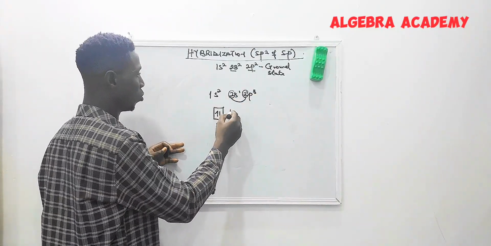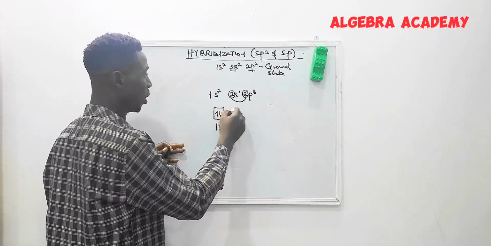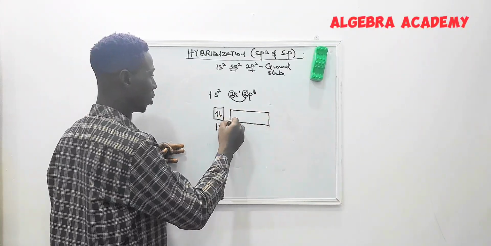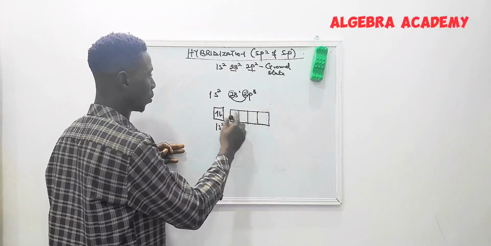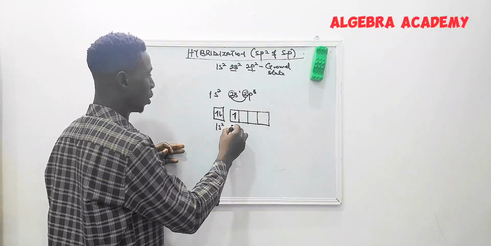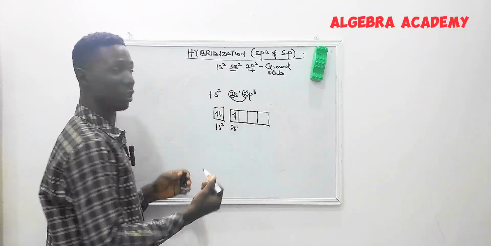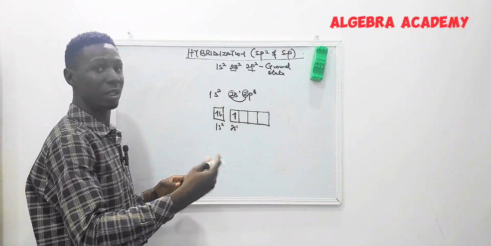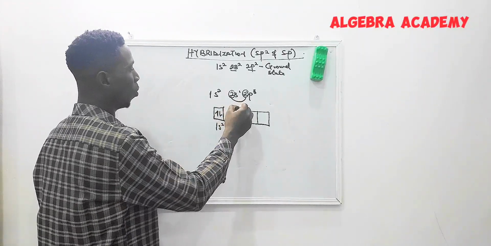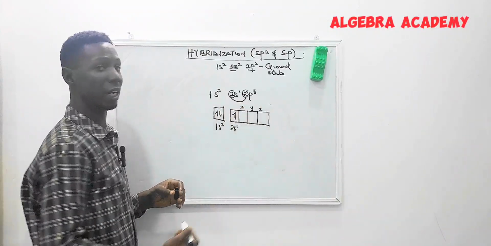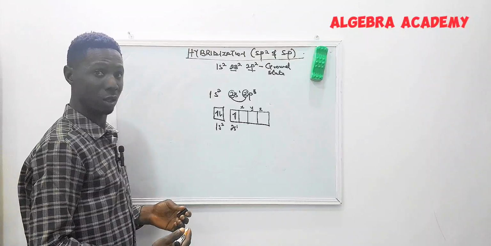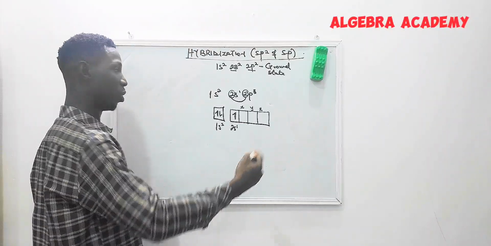So for 2s1 and 2p3, when they get hybridized, we have something like this. The p3 has 3 suborbitals, so we should name them x, y, z, so we'll be able to identify which of the p's we are talking about as we proceed.